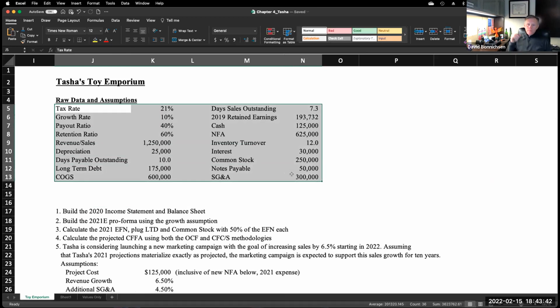You can 100% guarantee yourself that question 1 is exactly going to be question 1 on the midterm. And the data assumption table that you see here for Tasha is going to be exactly the way that it's listed right here, just with different numbers.